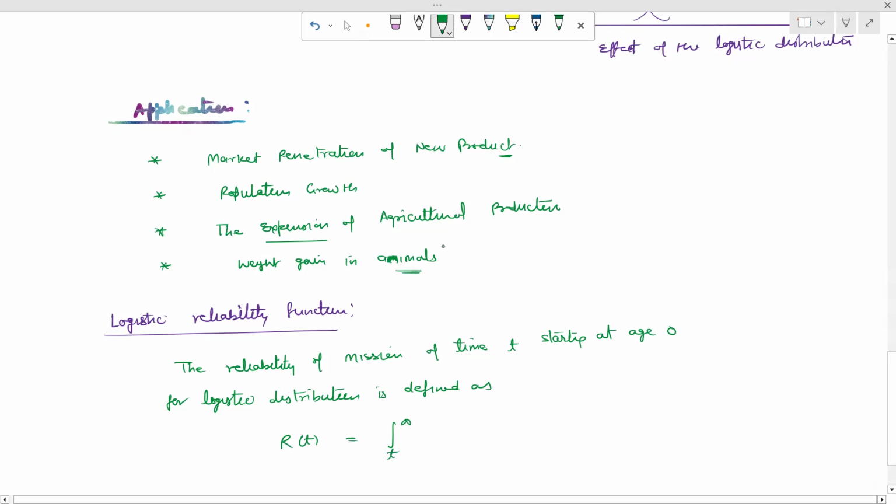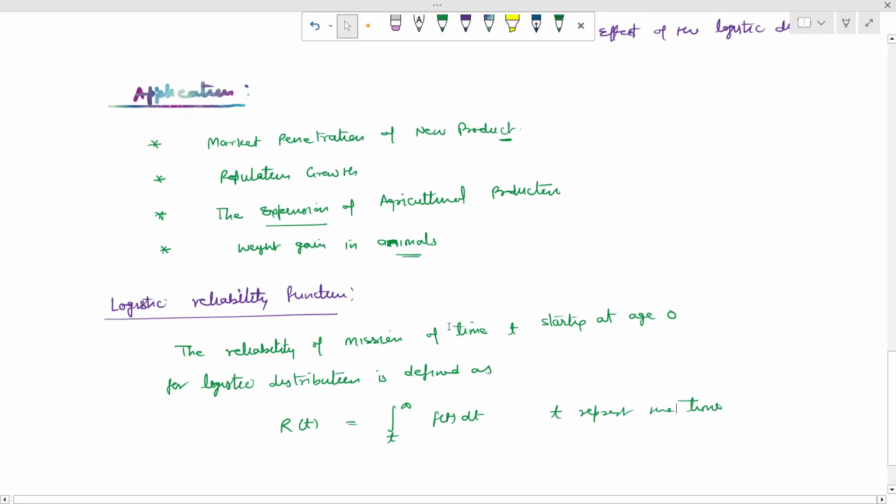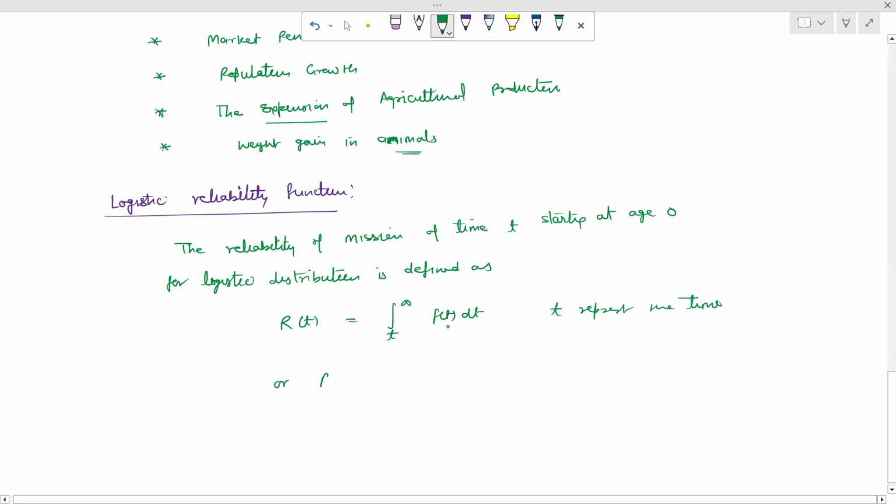R(T) is equal to the integral of f(t) dt from T to infinity, where T represents the time. This R(T) is equal to 1 upon 1 plus e raised to the power Z. So this is for the reliability function. The unreliability means F(t) equals 1 minus R(T), that is 1 minus 1 upon 1 plus e raised to the power Z, which can be written as e raised to the power Z upon 1 plus e raised to the power Z. Here Z is equal to x minus mean mu upon standard deviation sigma.